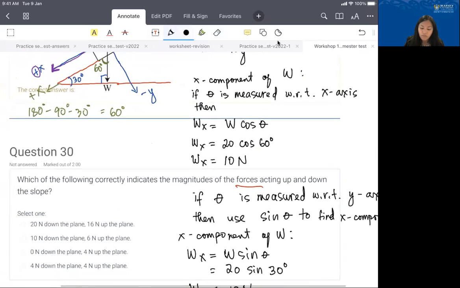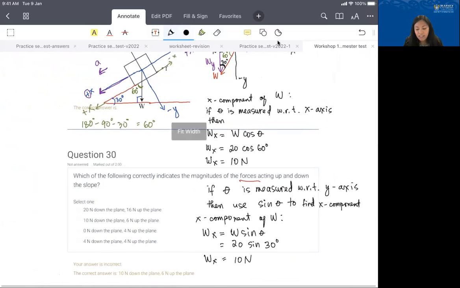I discussed this particular solution because in the lecture we used cosine theta, but in the test, when you're given just the angle of the slope, it might be faster to use the sine of the slope's angle to find the x component. It will come up with the same answer as long as you use the correct angle. So there's a question here.